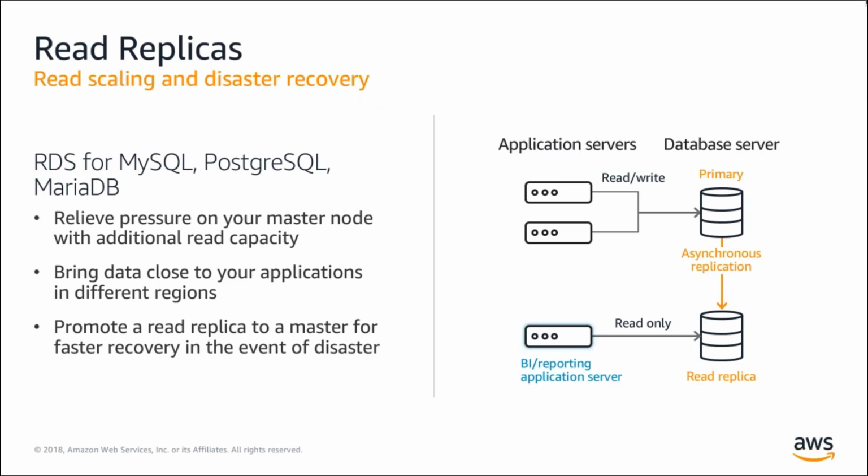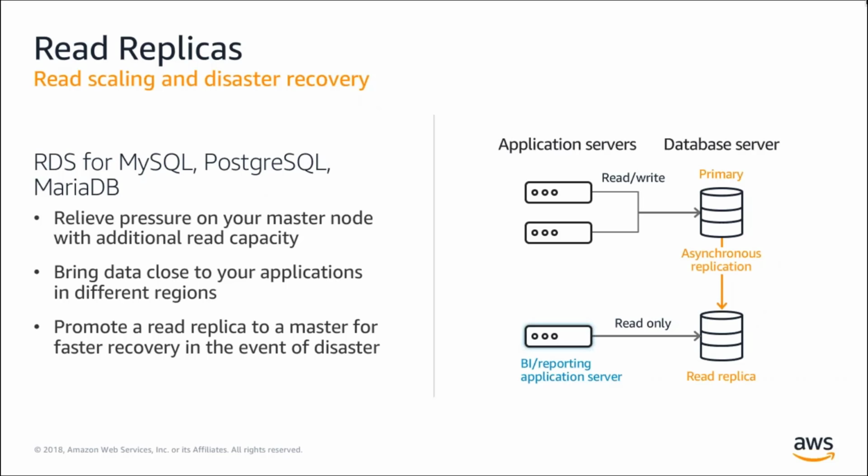We support read replicas on all 3 open source community engines: MySQL, Postgres, MariaDB. It helps you reduce the load on your primary instance, and you scale out your reads to as many instances as you want. We support currently up to 5 read replicas for MySQL, Postgres, and MariaDB.